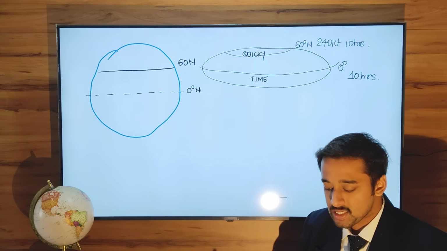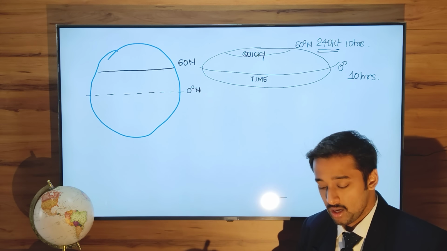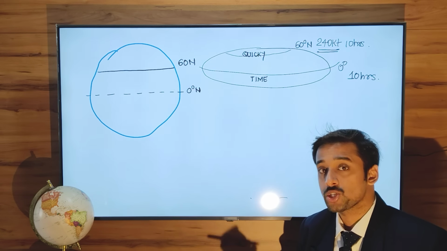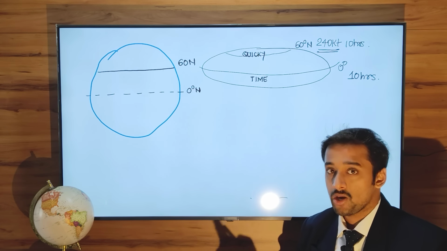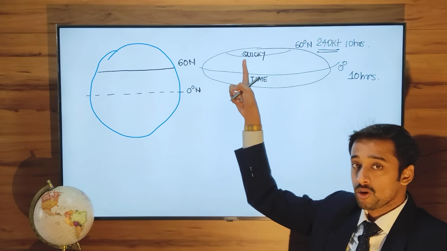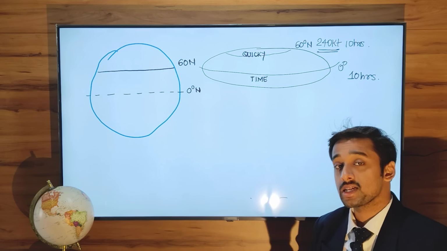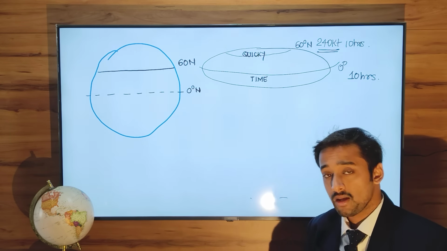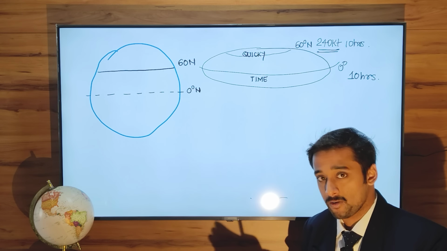So you still have the same time. But the speed at 60 degrees north was 240 knots. Now what should the speed at the equator be? That we have to find out. Here the distance was less. Here the distance is more, and you have to cover this much more distance in the same amount of time.